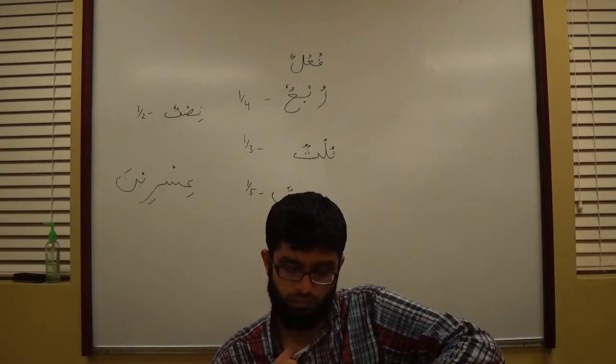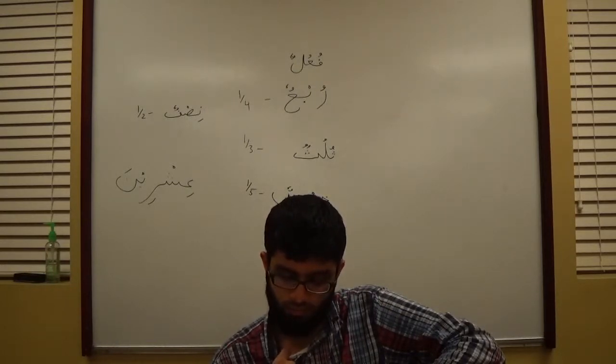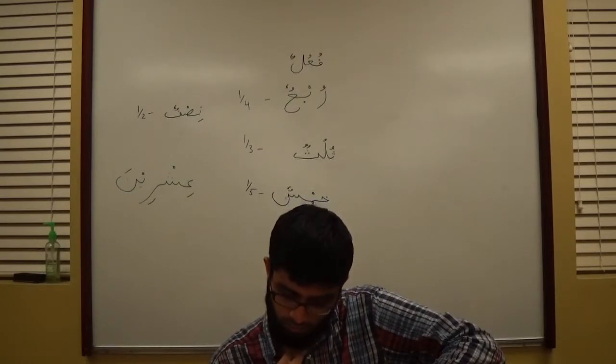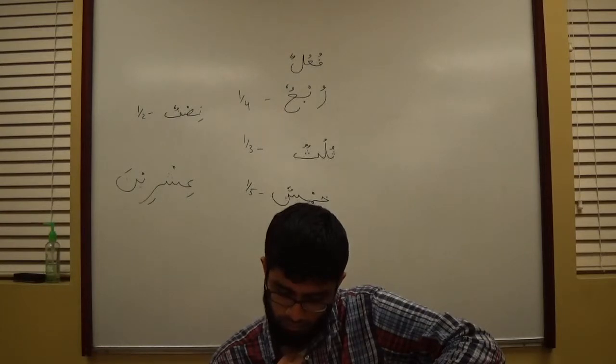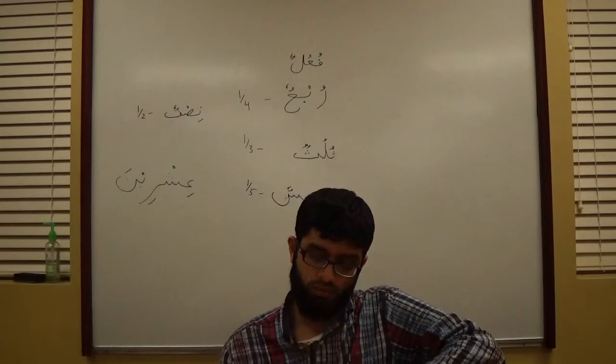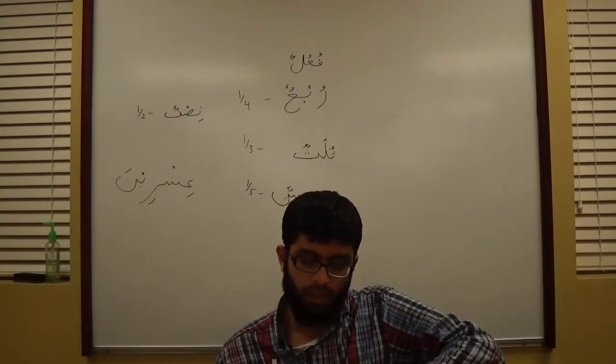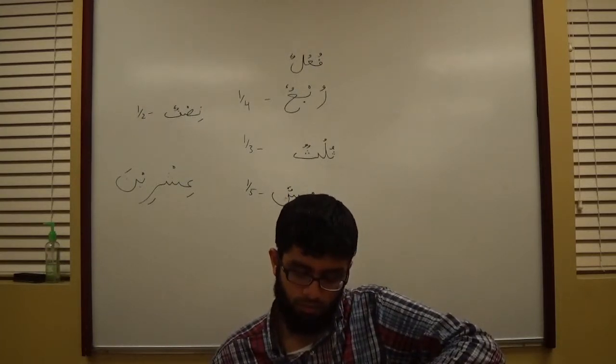Baina, between. The noun following it is majrur because it is mudaf ilayhi. Jalasa hamidun baina bilalin wa faisalin. جلس حامد بين بلال وفيصل.